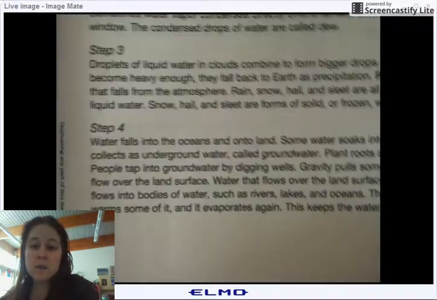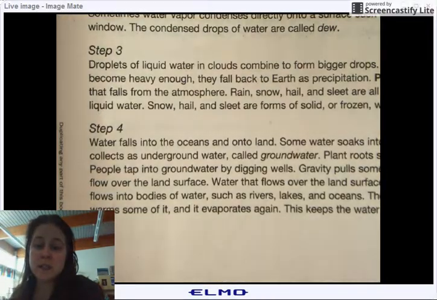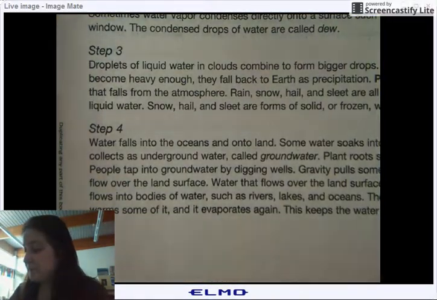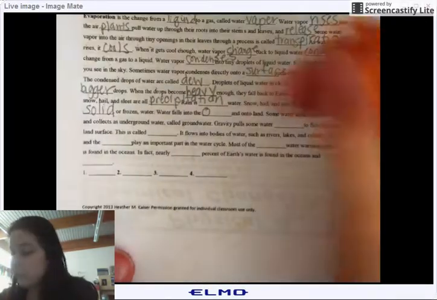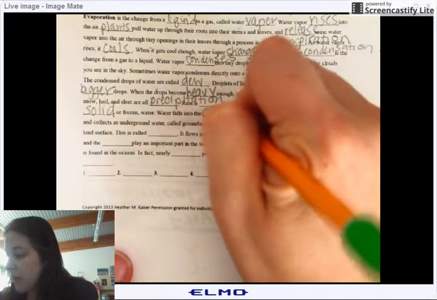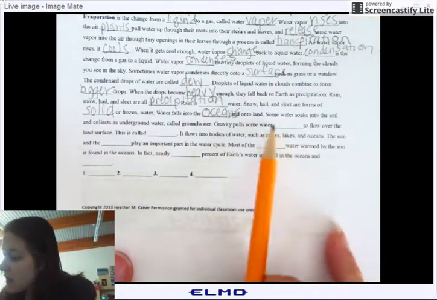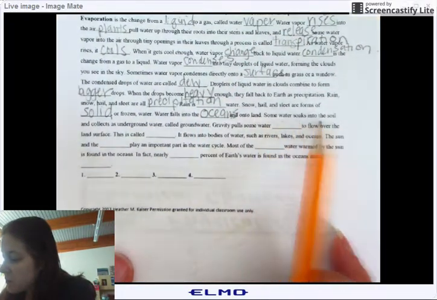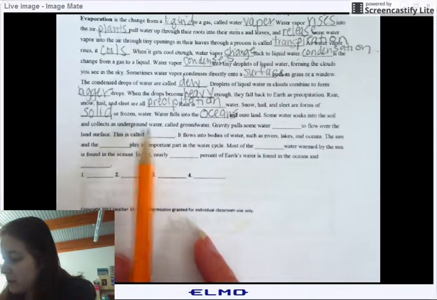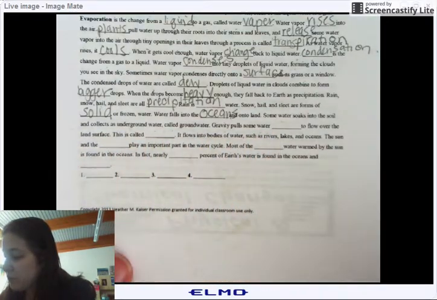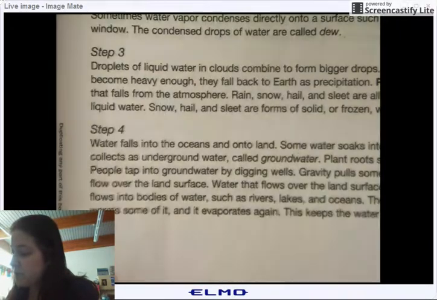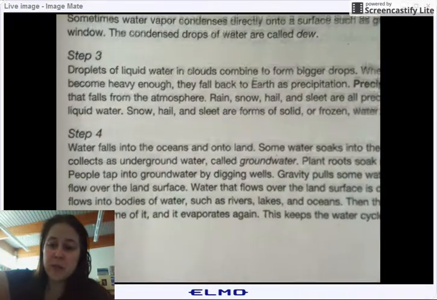On here. Step 4, look at the first sentence. Yep, oceans and onto land. Some water soaks into the soil and collects as underground water, called groundwater. Gravity pulls some water blank to flow over the land surface. Right here, I see it.